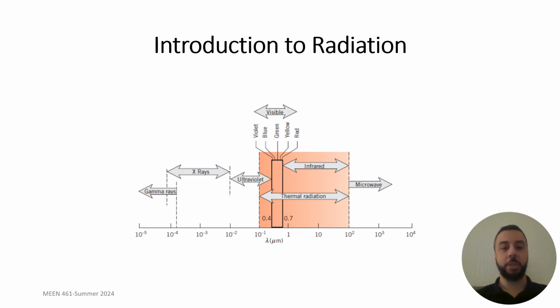We have gamma rays, X-rays, ultraviolet, and then we have the visible light spectrum, and infrared, and then microwaves. We're just interested in this spectrum here, which is going to be our thermal radiation heat transfer. This is what we're focusing on. Gamma rays, X-rays, and microwaves are not something that we're interested in.